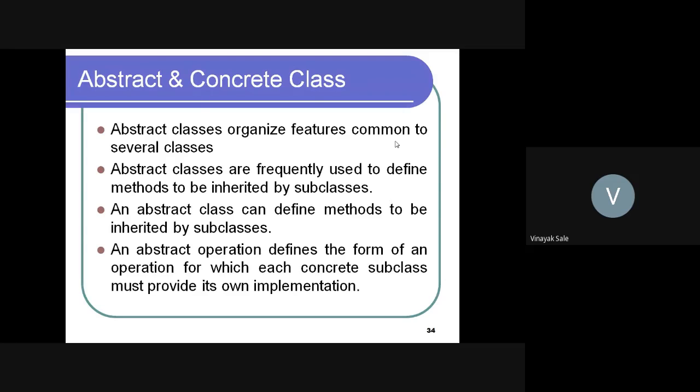An abstract class can define methods to be inherited by subclasses. An abstract operation defines the form of an operation for which each concrete subclass must provide its own implementation.